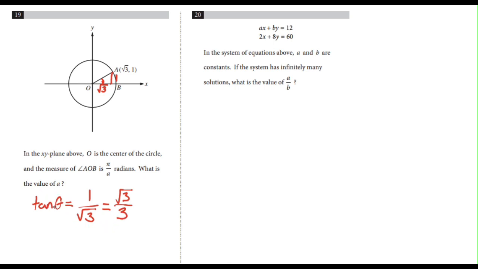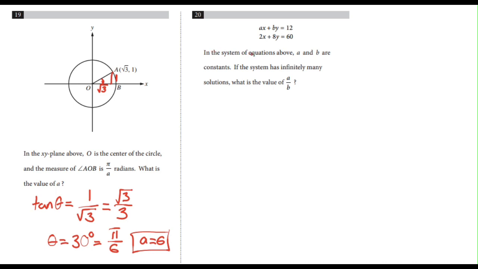And we know that tangent theta is square root of 3 over 3 when theta equals 30 degrees, or pi over 6. So they tell us that this angle measure is pi over a. What is the value of a? We get pi over 6, so we find that a equals 6.